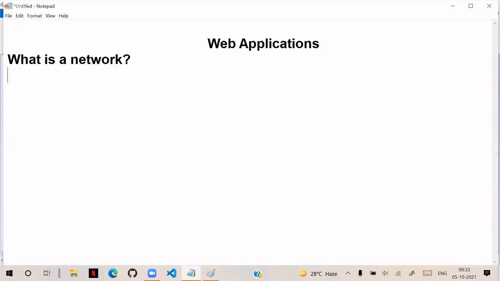So before starting with web, we need to first know what is a network. I hope many people know a computer network.